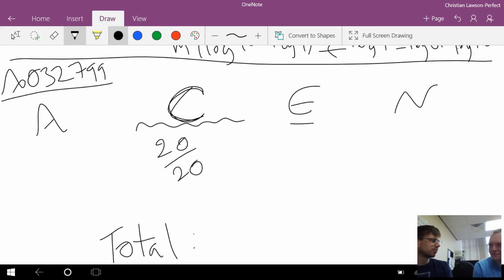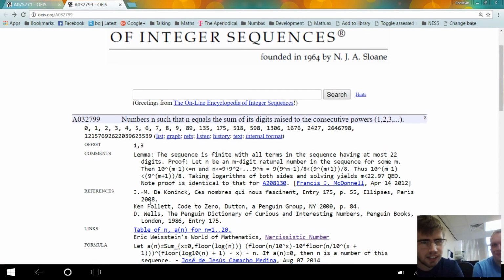I would take maybe 1 off because it says raised to consecutive powers, and I don't know whether... What if you do it backwards? Only if it was a palindrome would that be true. The sum of its digits raised to the consecutive powers. So 135 is 1 to the 1 plus 3 to the 2 plus 5 to the 3.